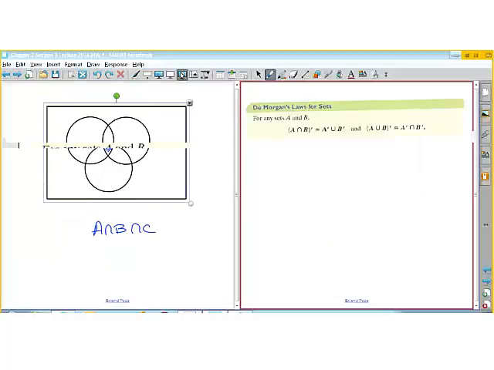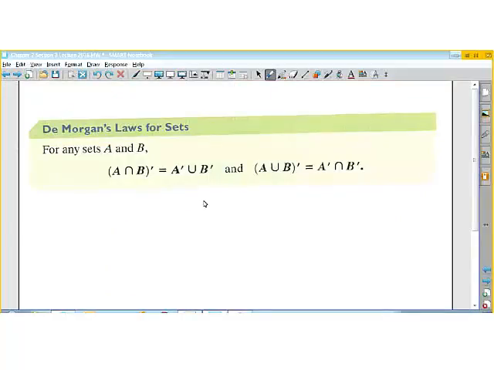Okay, now we actually used this just a second ago. Well, we didn't use this particular one, but there are some rules that apply that are good for all sets. And this one relates the complement of an intersection with taking the union of the complements. And then you've got the opposite here.